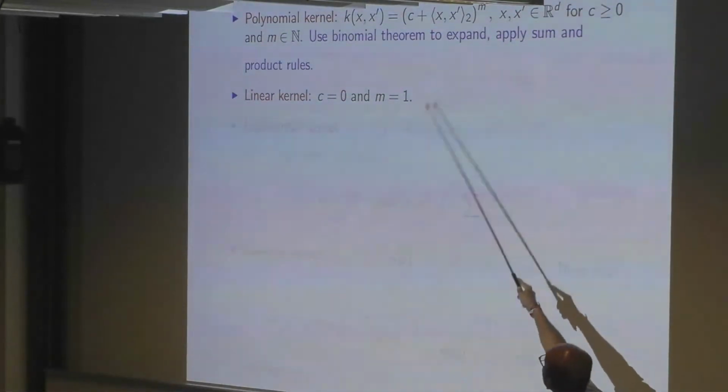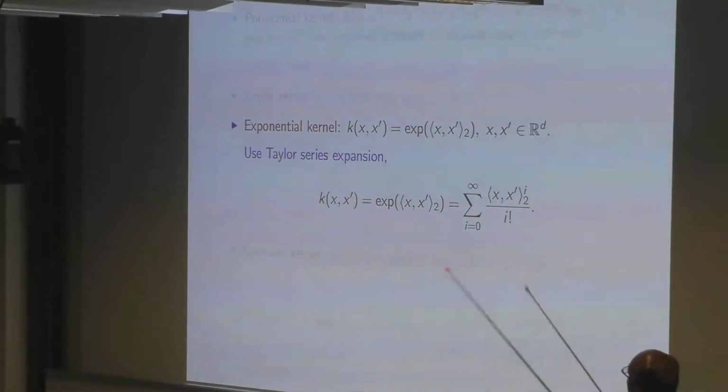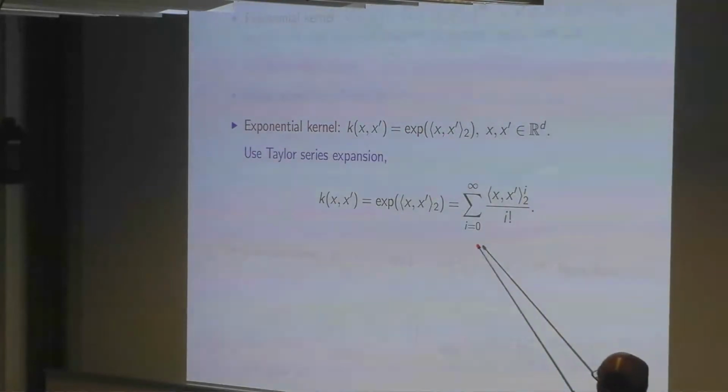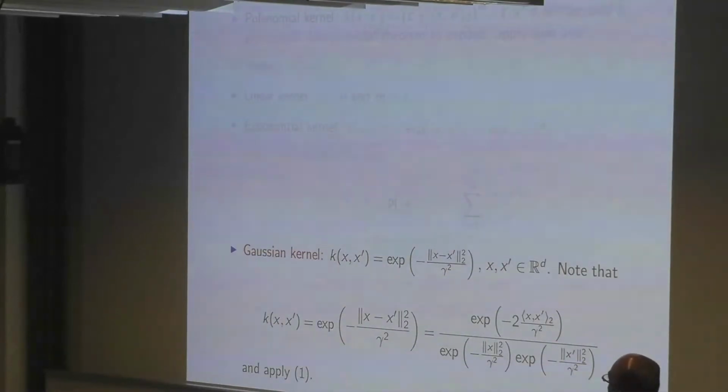If you choose c equal to 0 and m equal to 1, we get a linear kernel. Now for the exponential kernel, let's use the Taylor series expansion of the exponential function. We get this. Now you use again the sum and product rules, and here you will see that the feature map is infinite dimensional. Now for the Gaussian kernel, I have written it in this fashion. So this is precisely of the form f of x, k of x x prime, f of x prime.